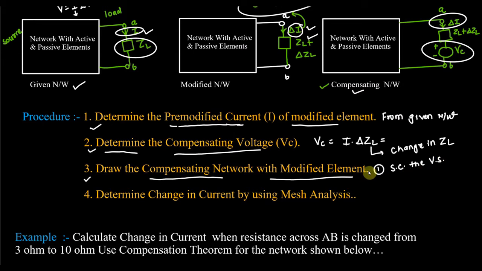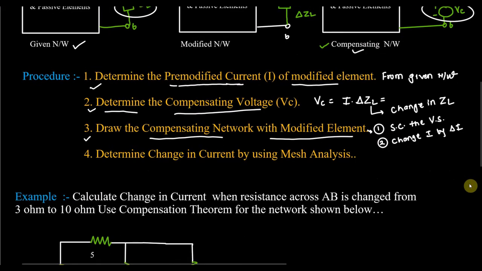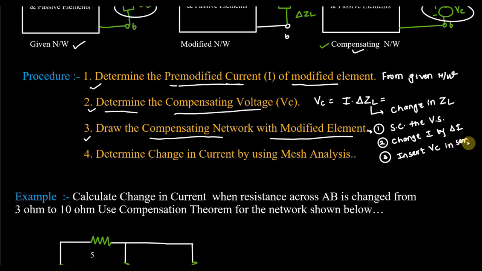This is the first step when you draw the compensating network. Second, change I by delta I. So what is I? I is the pre-modified current. And what is delta I? The modified current. Okay. Third step: insert VC in series with the modified element.